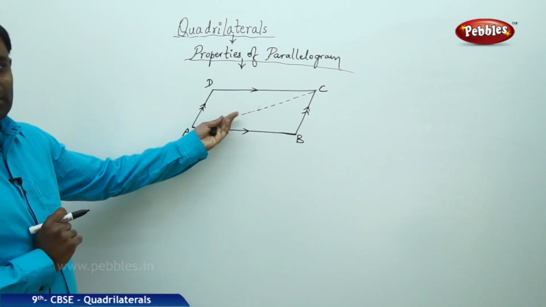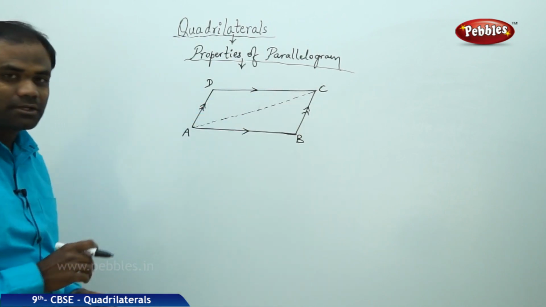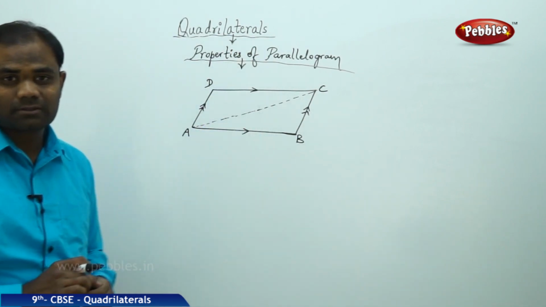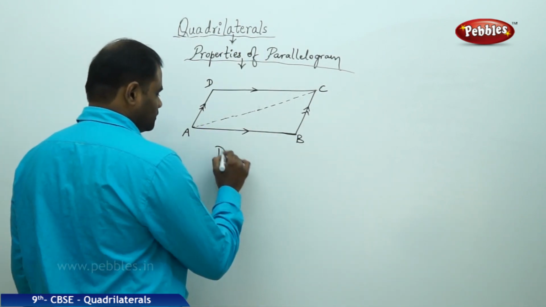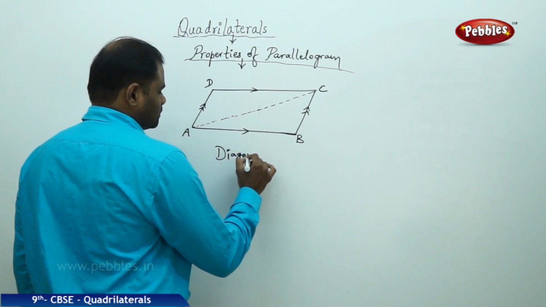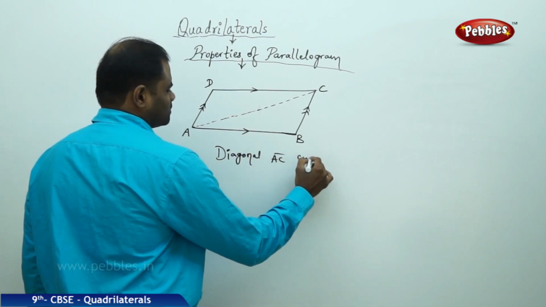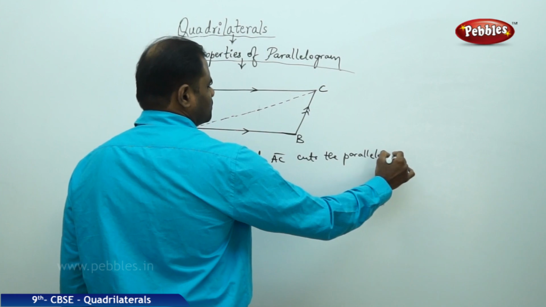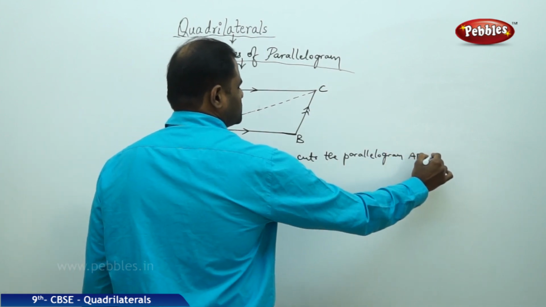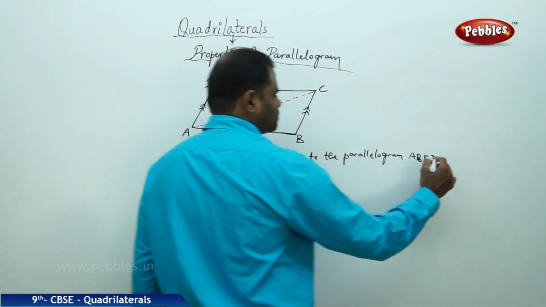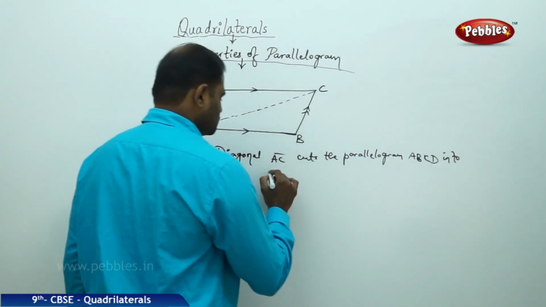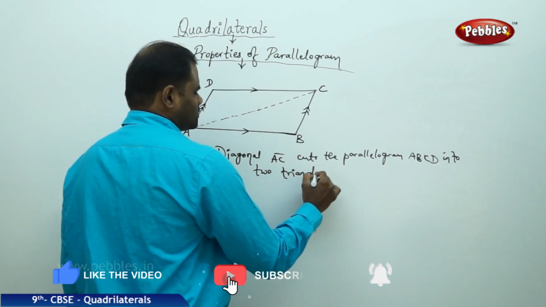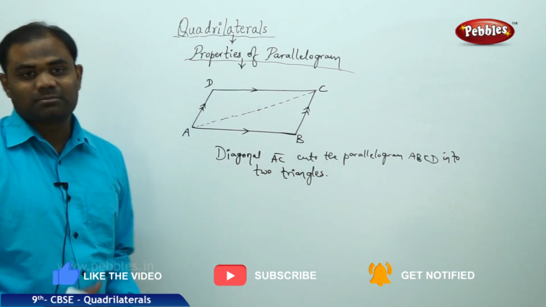When we see the parallelogram with AC being the diagonal, the significance of the diagonal is that it cuts the parallelogram into two triangles. So diagonal AC cuts the parallelogram ABCD into two triangles.